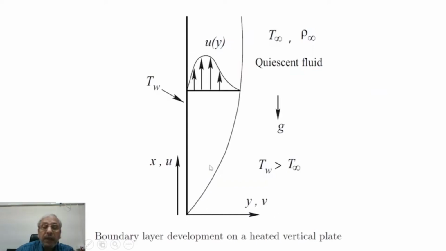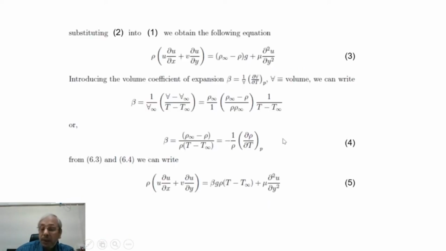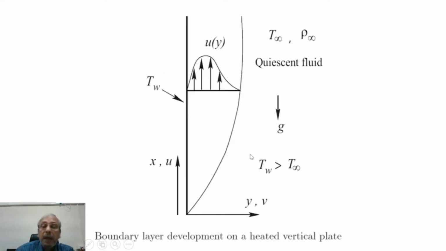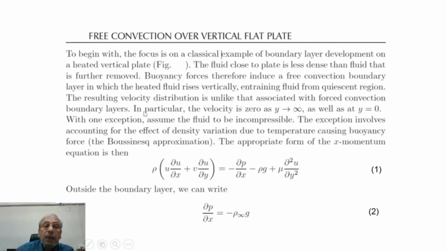This is the y coordinate and this is a vertical flat plate. x is the flow direction, and at y equal to 0, obviously velocity will be 0, but at y equal to infinity also, since the medium is quiescent, the velocity is 0.